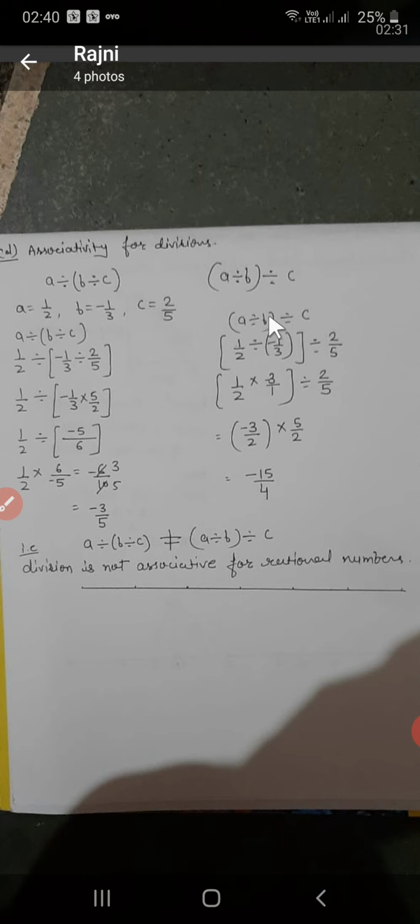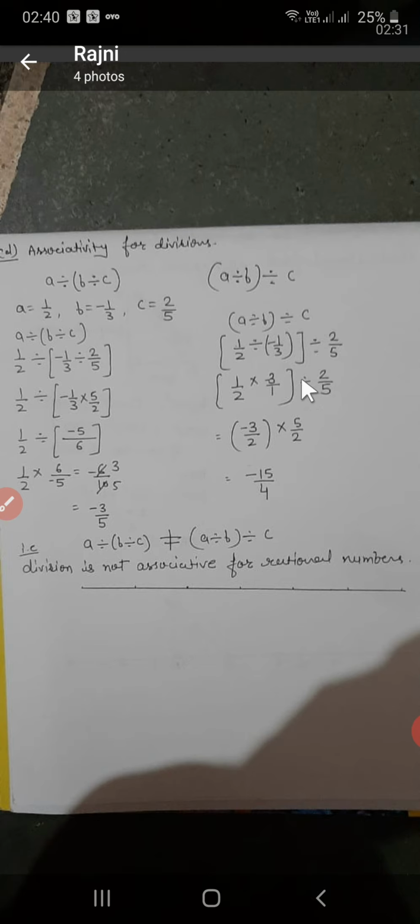Right hand side, a divide b, a divide b, keep minus 1 by 3. When we change this division sign into multiplication, we reverse the number 1 by 3 as 3 by 1. Now 1 into 3, you will get 3, negative sign, 2 into 1, you will get 2, because plus minus is minus.